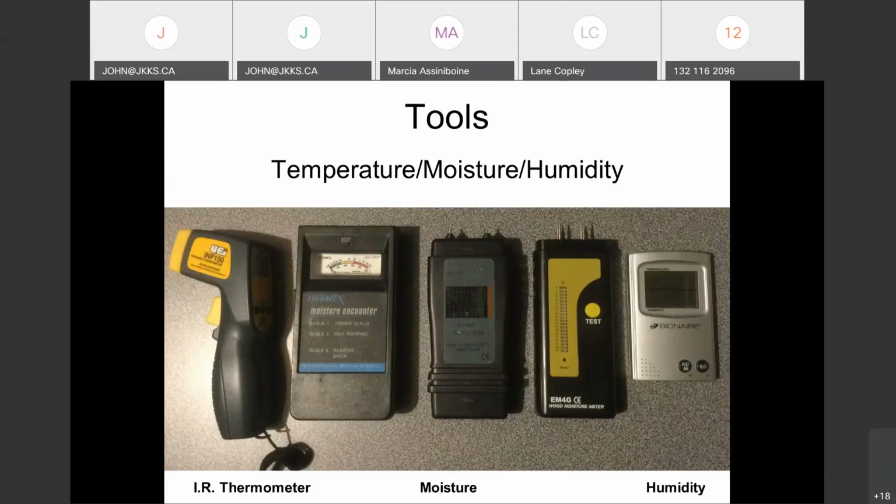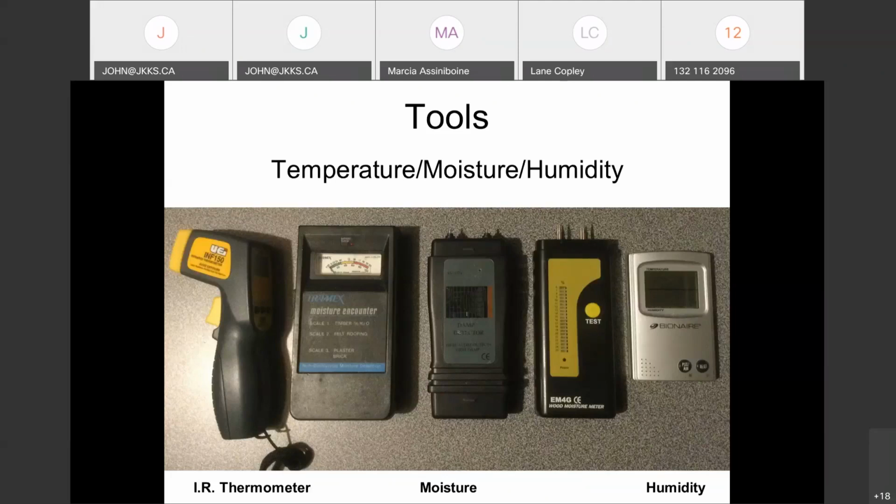The fourth one basically has a scale. You can see going from 6% up to over 25%. What I can do is take that and, I won't say stab it into the wood, but make contact with the wood with the 4 pins, and it'll give me an accurate moisture reading in any wood. So a wood moisture meter. Of course, there's a test button to make sure it's working.